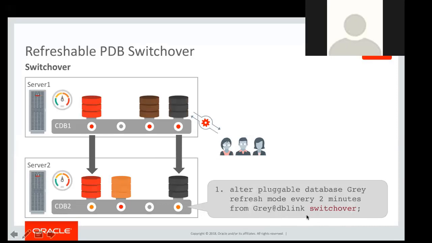However, even though this capability is very amazing, it doesn't mean it is a replacement for current DataGuard, because DataGuard can provide synchronous replication, which gives you zero data loss. But our current refreshable PDB switchover still involves a certain downtime.